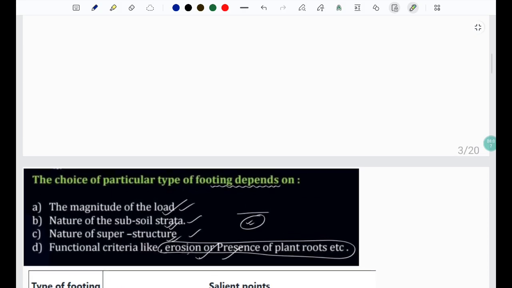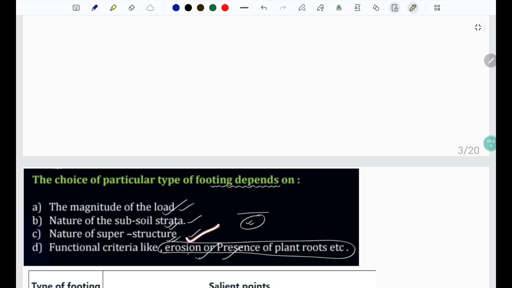Then comes the points: what are the choices for a particular type of footing? Of course, magnitude of the load. If the load is low, like generally found in our residential buildings, we will go with isolated footing. And the nature of the subsoil strata, whether it is loose or dense, has a low bearing capacity or not, all matters, because that will decide whether we have to go for deep foundation or it's okay with the shallow foundation.